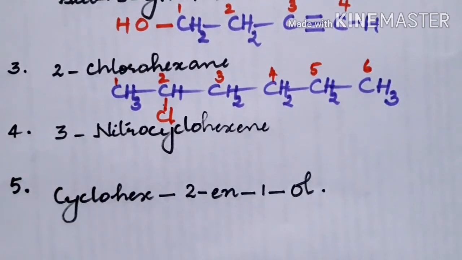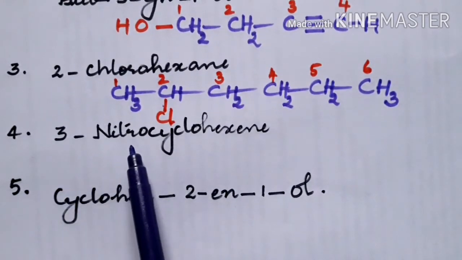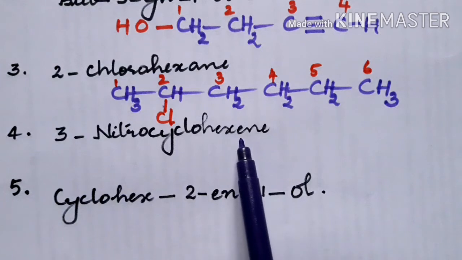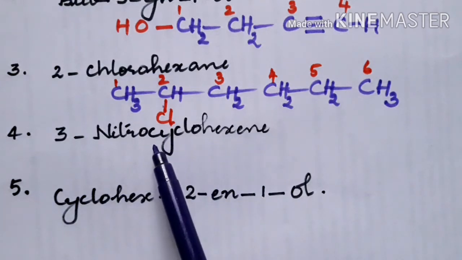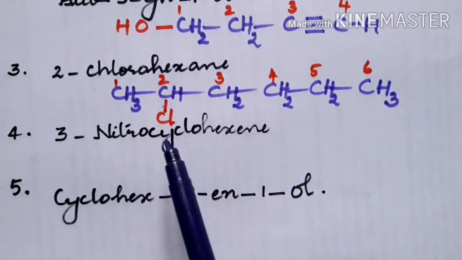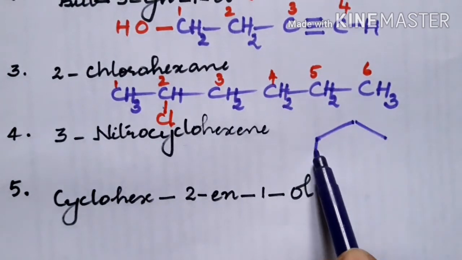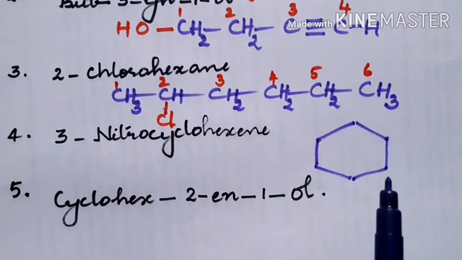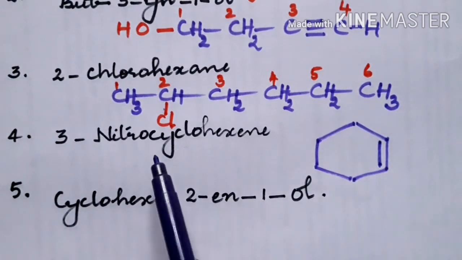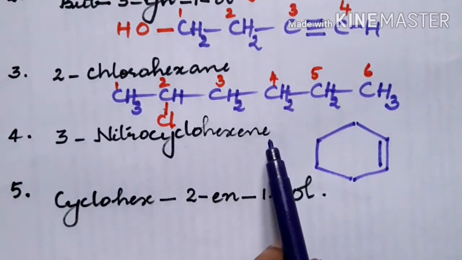It is 3-nitrocyclohexene. Hexene means it is cyclohexene. Means it is a hexagon with a double bond. That is why it is cyclohexene.